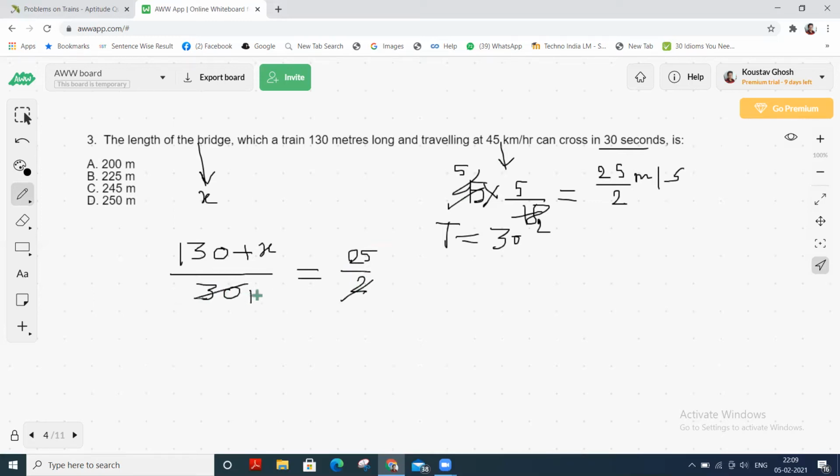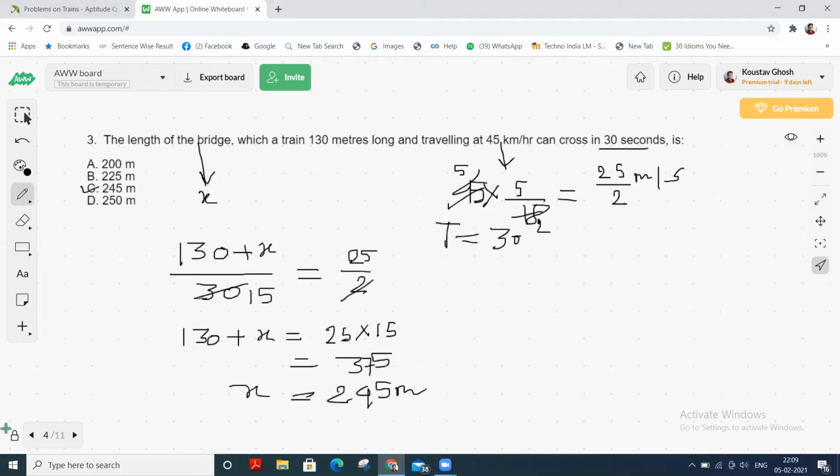So 130 plus x over 30 equals 25 by 2, then 130 plus x equals 25 into 15, which is 375, so x is nothing but 245 meters.